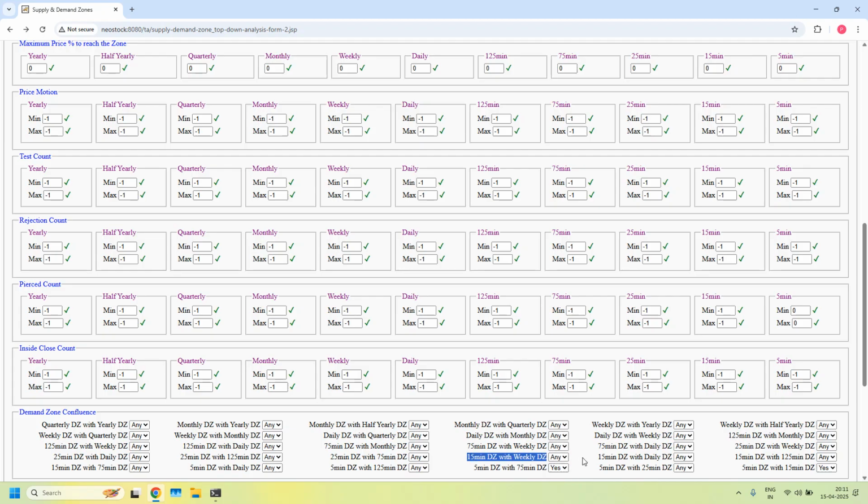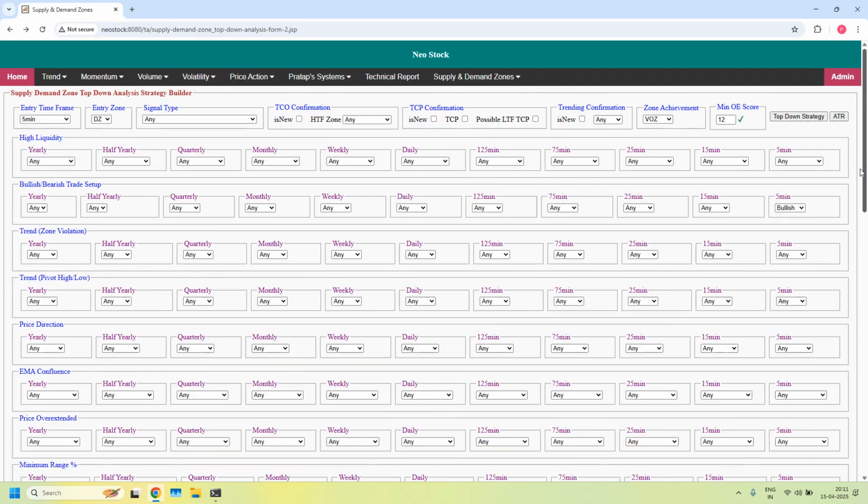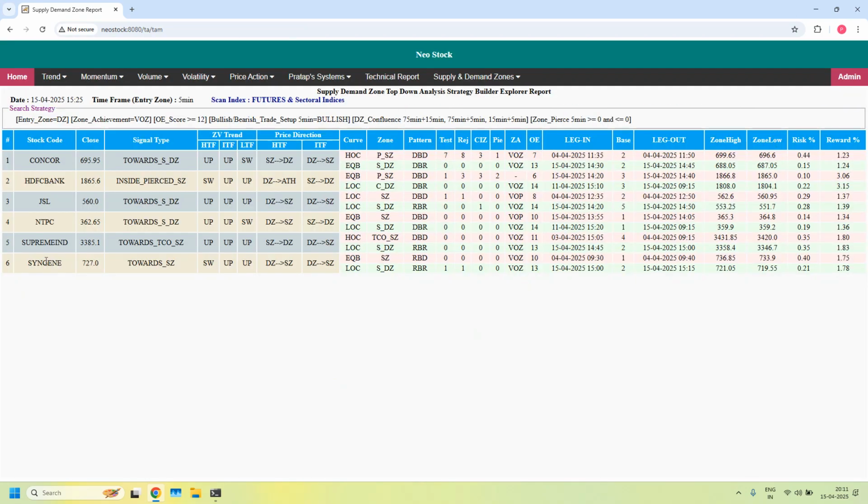And 15 minute demand zone with 75 minute demand zone confluence. With all 3 filters, LTF, ITF, HTF demand zone confluence, we got 6 stocks. The 5 minute demand zone is overlapped with 15, and both together are overlapped with the 75 minute demand zone.